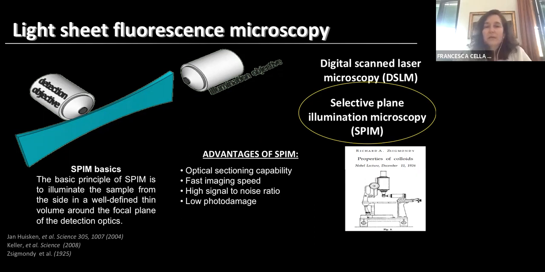This brings a lot of advantages, like an intrinsic optical sectioning capability, the possibility to have fast imaging, a high signal to noise ratio, and also we can reduce the photodamage on the sample.